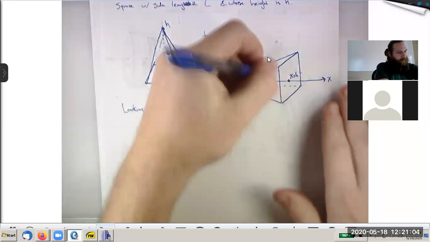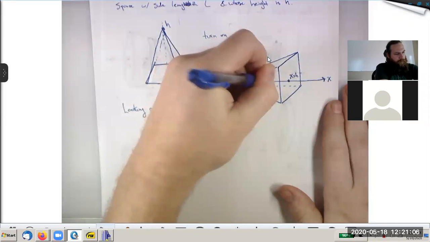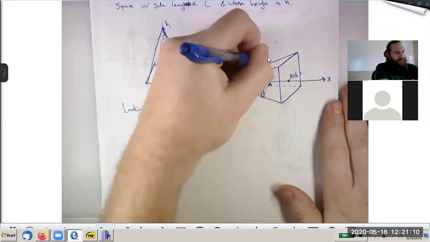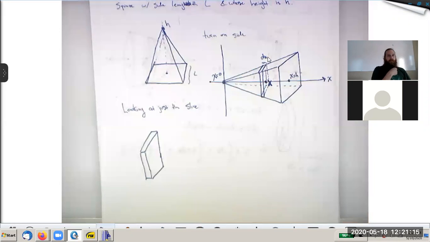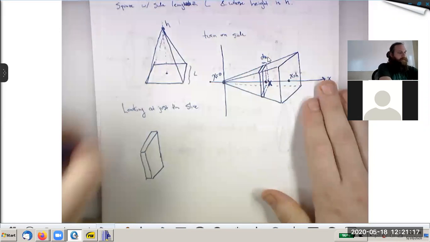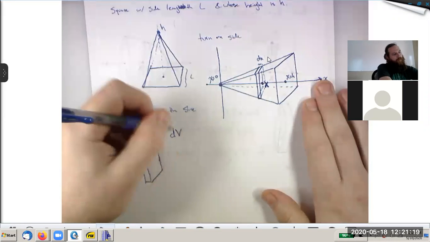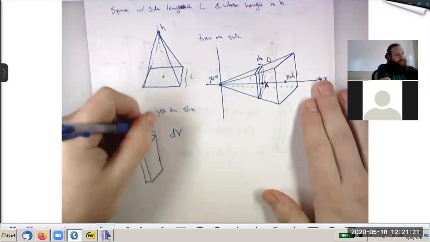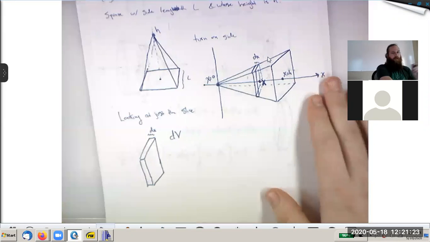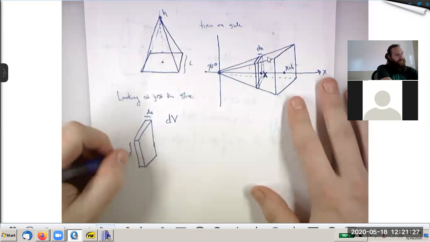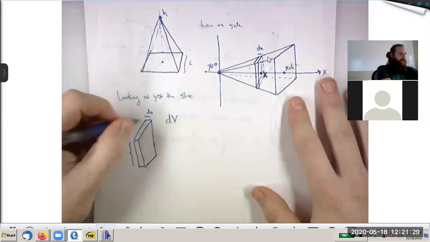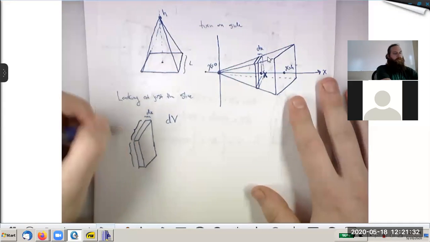So this is being done at some point in here, which I'll just call x. The thickness of the slice is dx. So this is my little differential solid dV. This dimension is dx. But what are the other dimensions? Like, what is this? What is this? That's what we need to figure out.